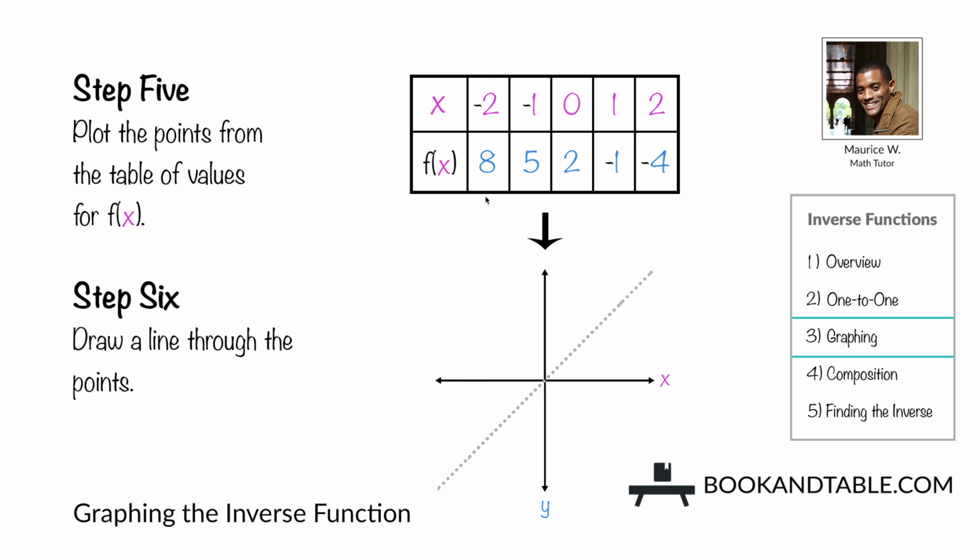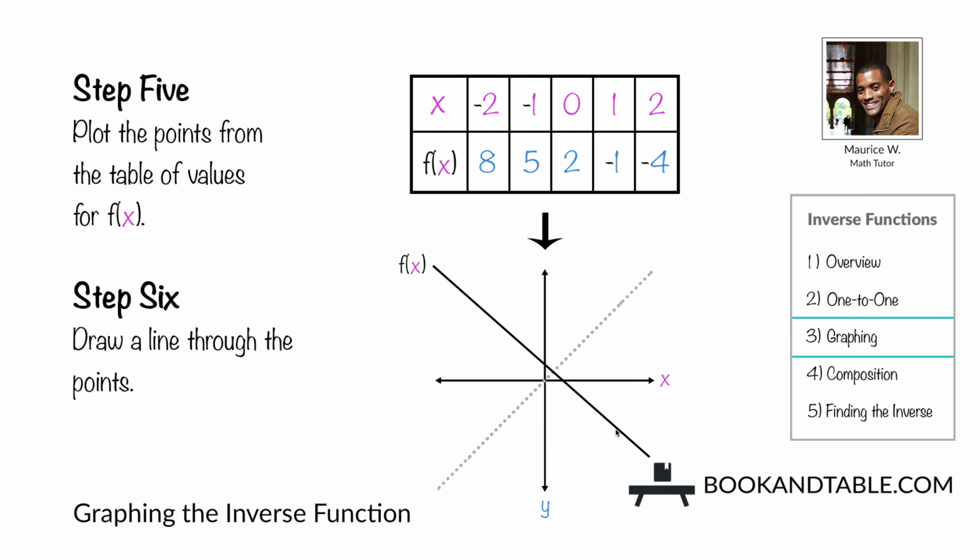Our first point is (-2, 8). Our second point is (-1, 5). Our third point is (0, 2). Our fourth point is (1, -1). And our fifth point is (2, -4). And with these points, we can now draw a line through them to get a sketch of f of x.